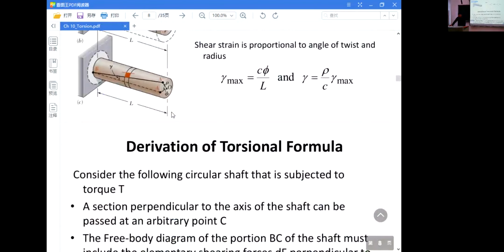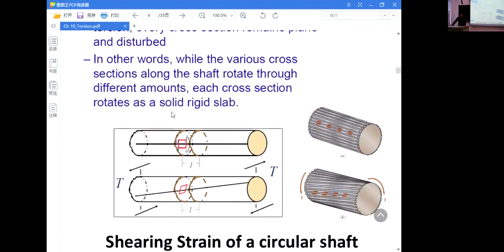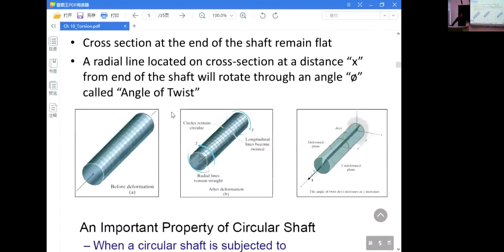So let's get a review and introduce today. At first, for a shaft, how to find the shear stress for a shaft? At first, we do an experiment. Draw some lines on the surface. After the experiment, we find the shaft doesn't expand or contract. The length doesn't change.